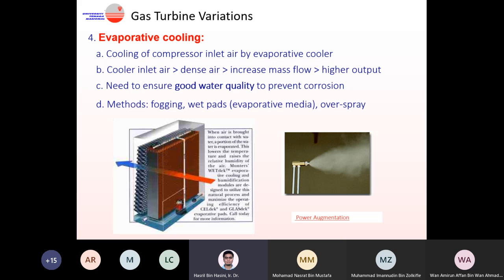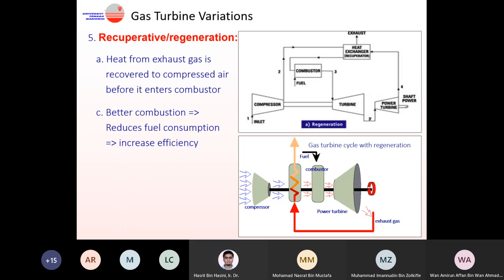Yes, you have to use properly treated water for the evaporative cooling. We cannot simply tap water from the piping system, because the water in your piping contains minerals that will later accelerate the corrosion.